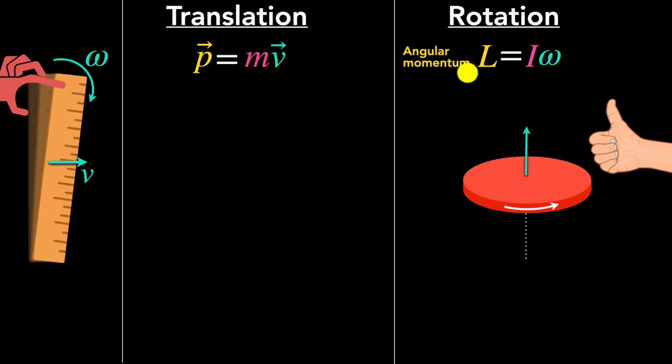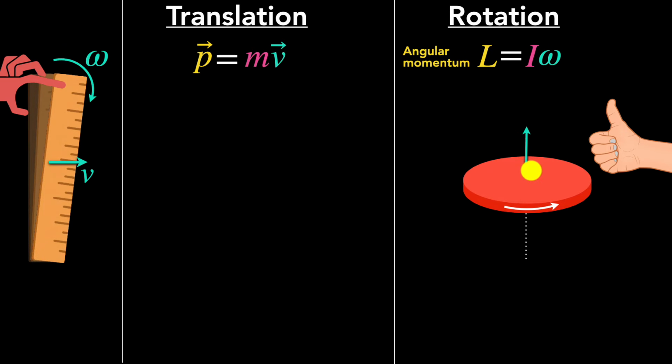What's the direction of angular momentum? Well, we might look at this and we say, hey, over here, momentum has the same direction as velocity. So could we also say that angular momentum has the same direction as angular velocity? Ooh, this is subtle. It turns out not to be so in general.